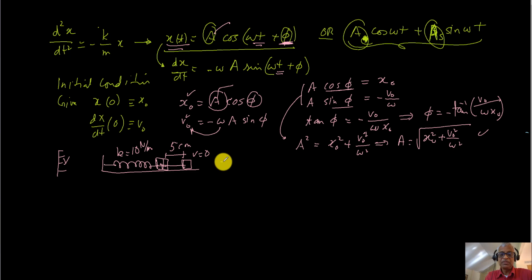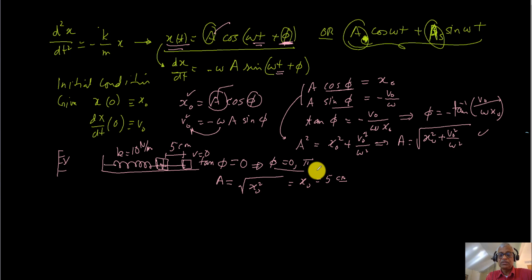Phi will be 0 because v0 is 0, though tangent of phi is 0 does not necessarily mean phi is 0. Tangent of phi being 0 means phi is 0 or pi, right? And A is going to be the square root of just x0 squared, which is x0, so this is 5 centimeters.